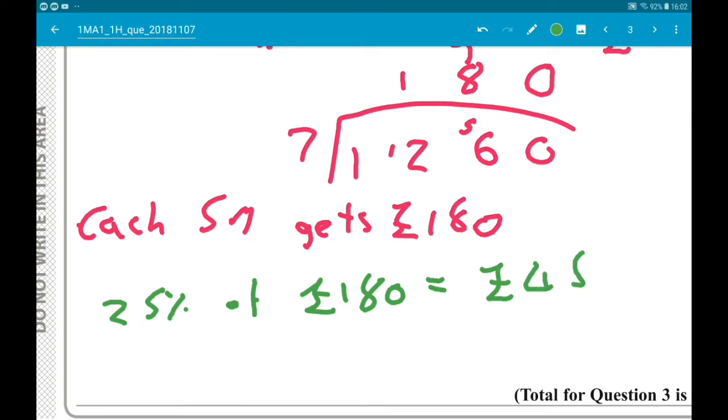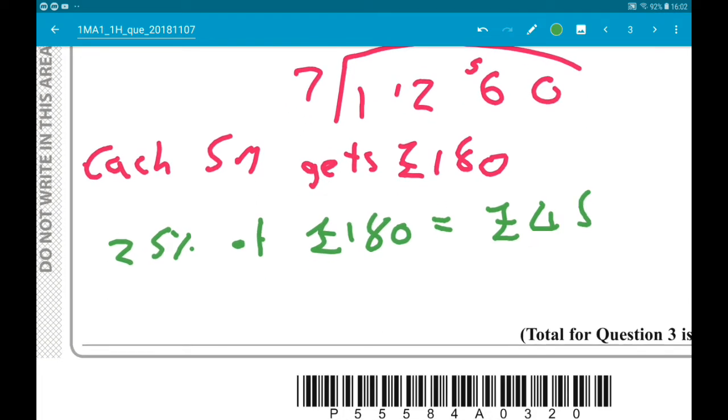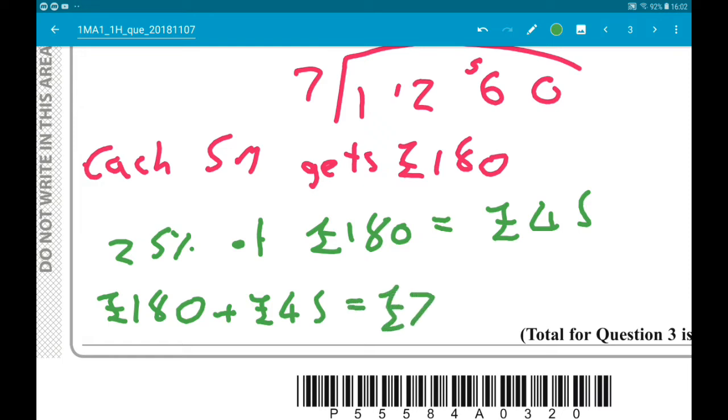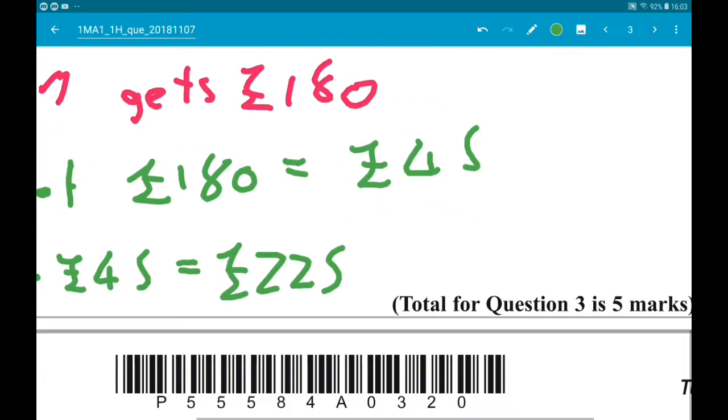Now, 180 add £45 is £225, which is not £210.